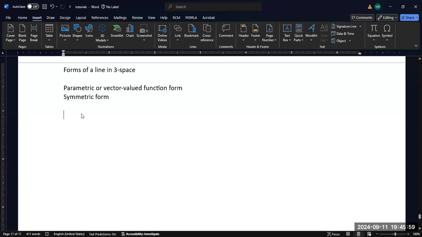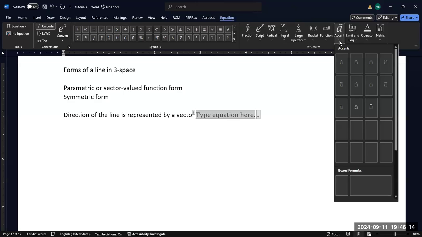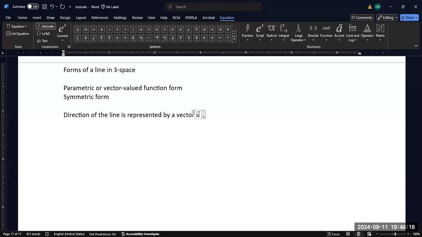So in both cases, the direction of the line is represented by a vector, which sometimes is referred to as u. And so we're just going to call that here a vector, we'll call it ABC as the components for now.